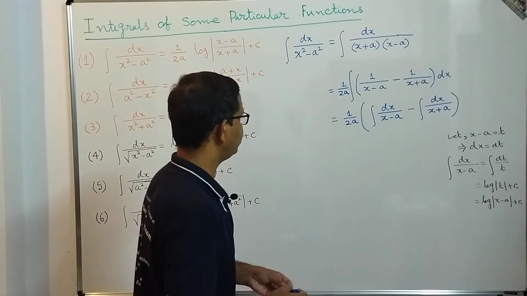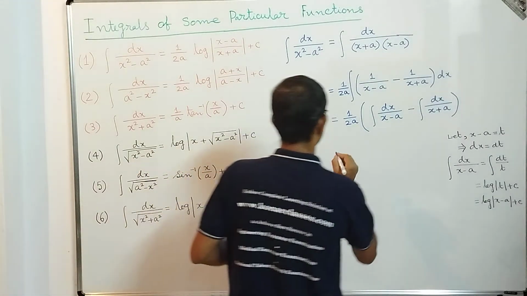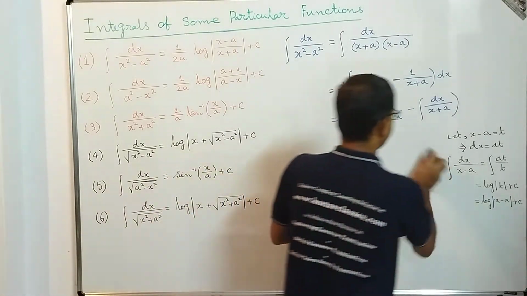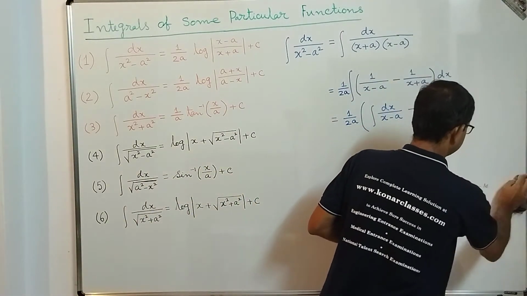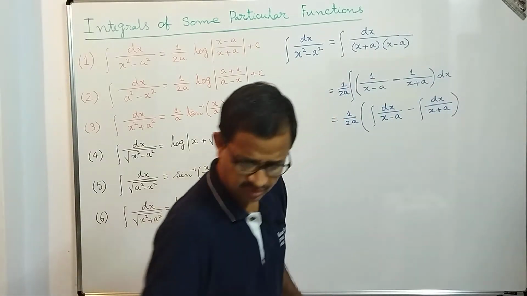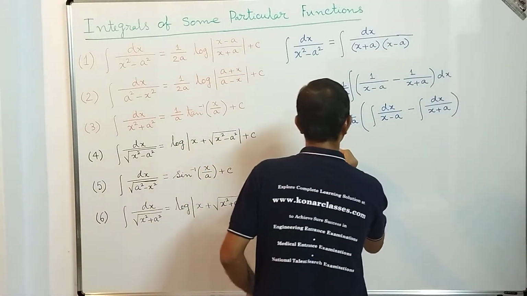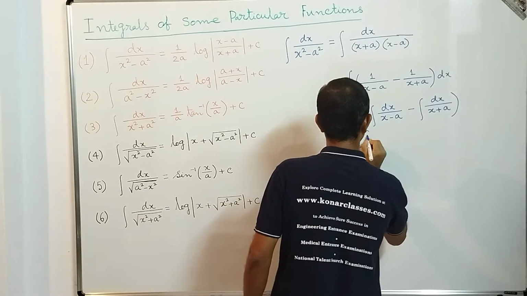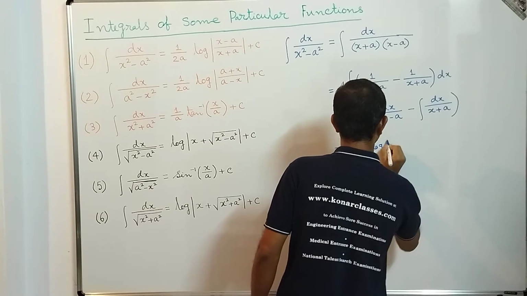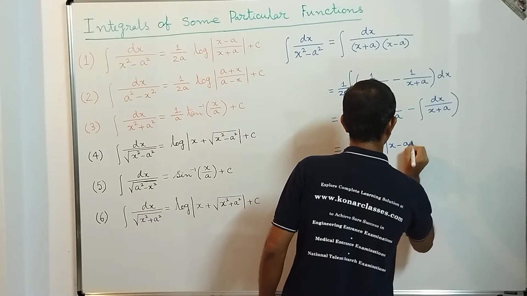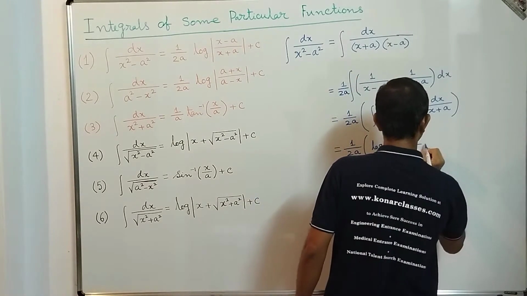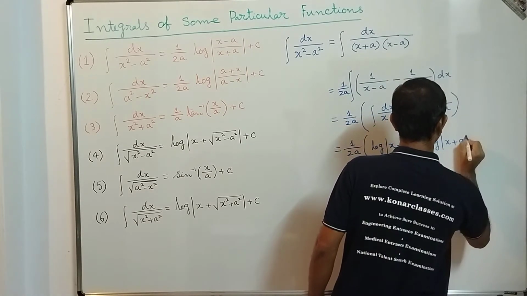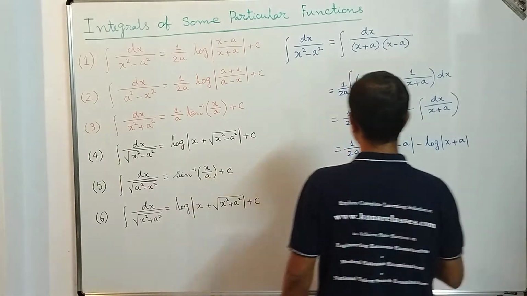Now, if we apply this, what are we going to get here, dear students? So let me clean this portion. I hope you got it. This is a very simple set of steps of substitution. So what we get here is 1 by 2a times log of mod x minus a minus log of mod x plus a, correct?